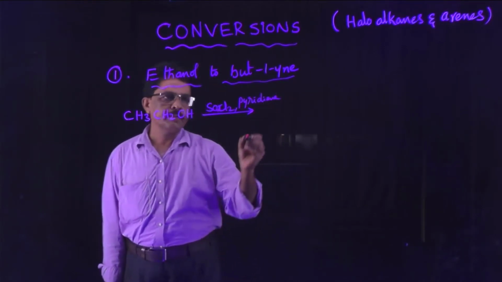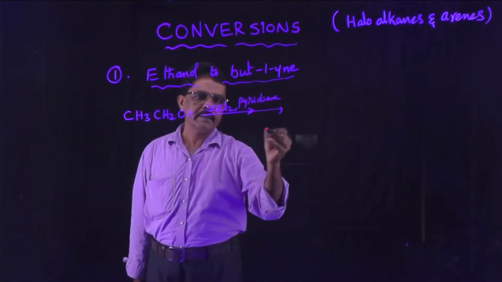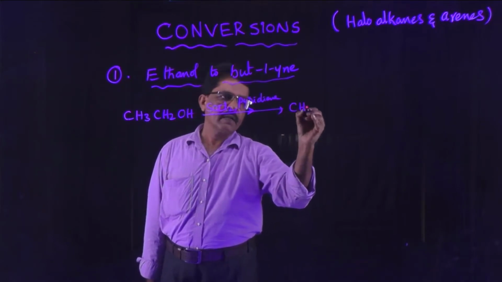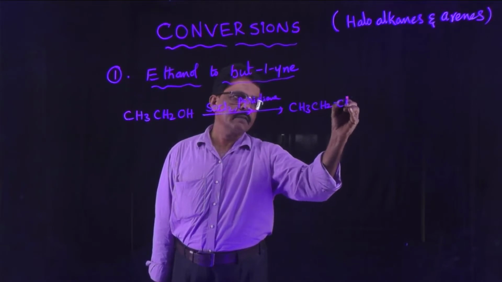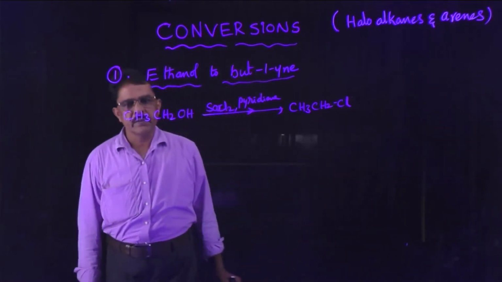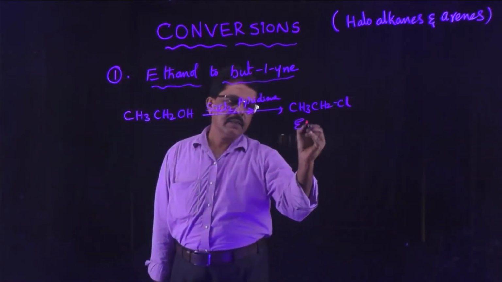Then you will get ethyl chloride, CH3CH2Cl. This is the ethyl chloride.